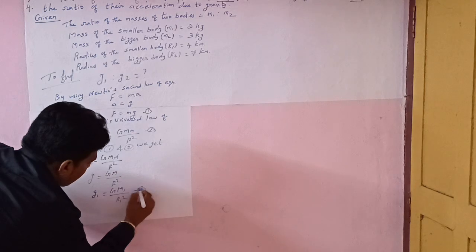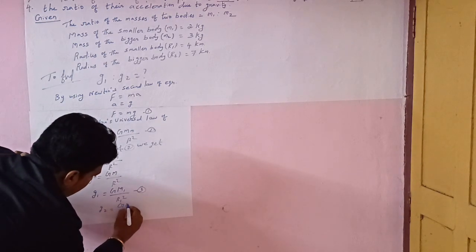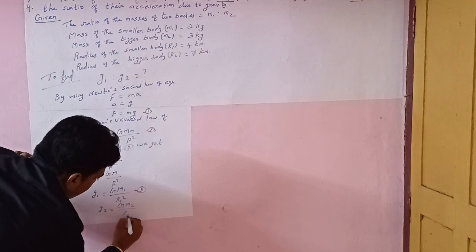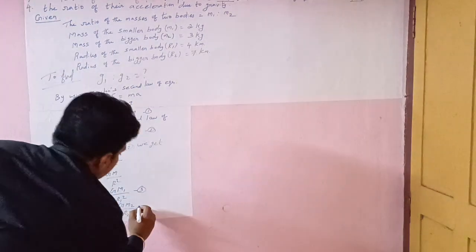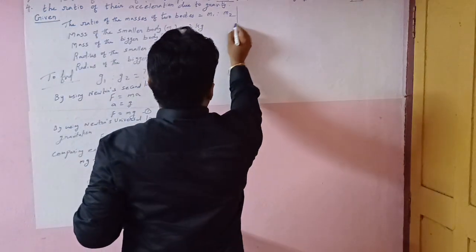This is the third equation. Next, g2 equal to capital G into M2 divided by R2 squared. This is the fourth equation.